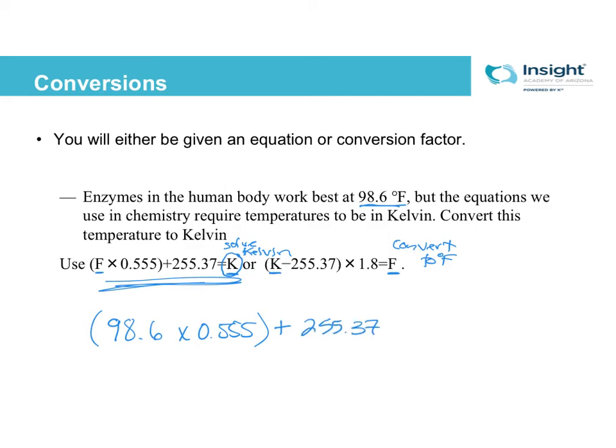So 98.6 times 0.555 is equal to 54.723, and then I'm going to add 255.37, and that gives me 310.1 Kelvin.